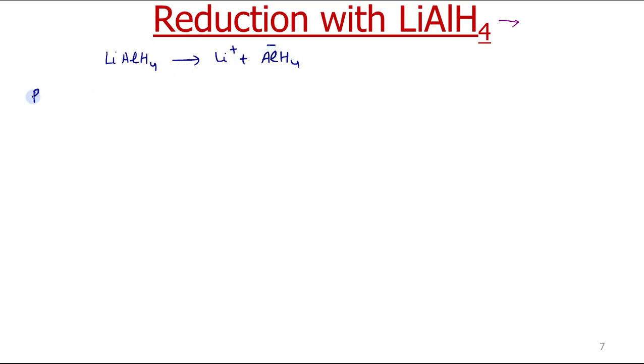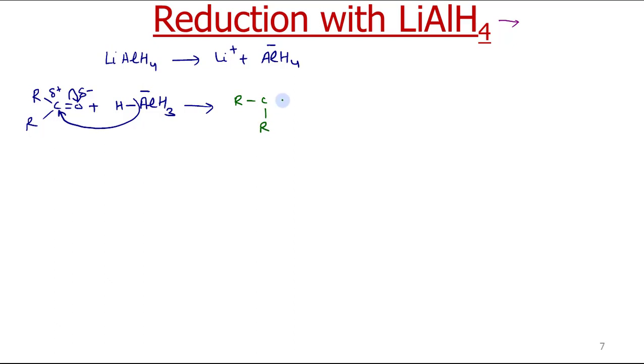The mechanism is exactly the same as we have done for sodium borohydride. The first step is AlH3 negative, H negative; this is another way to write AlH4 negative. This H negative will attack this carbon because it is partial positive, the H is partial negative, and this will come here.